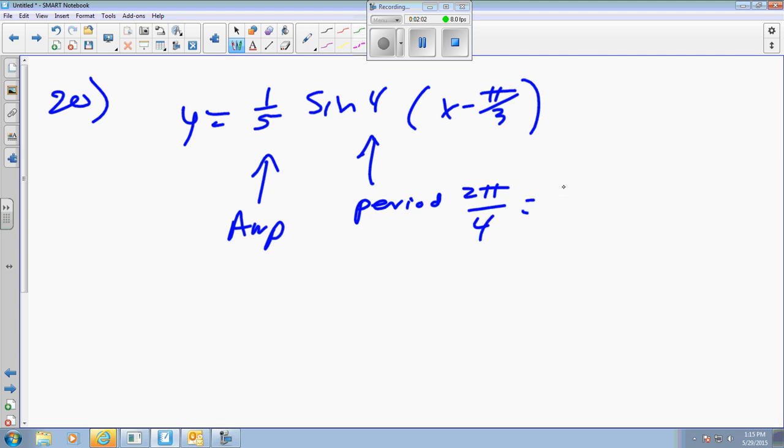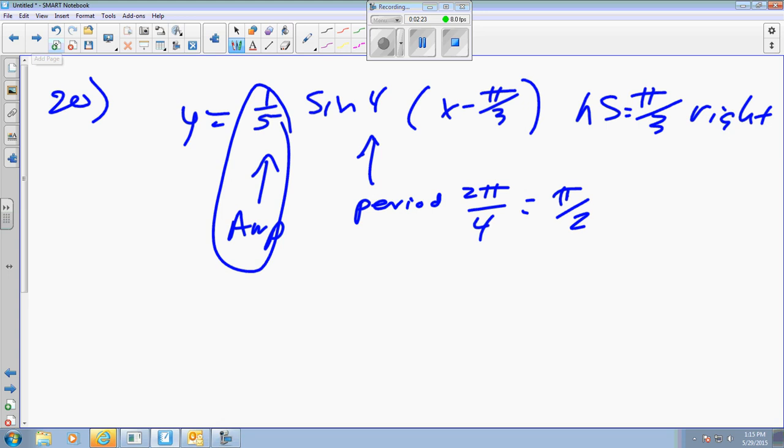So our period would be pi over 2. And we have a horizontal shift of 1/3 pi to the right. There is no vertical change in this one, so that's all the information. They only asked for the amplitude, which is that number there.